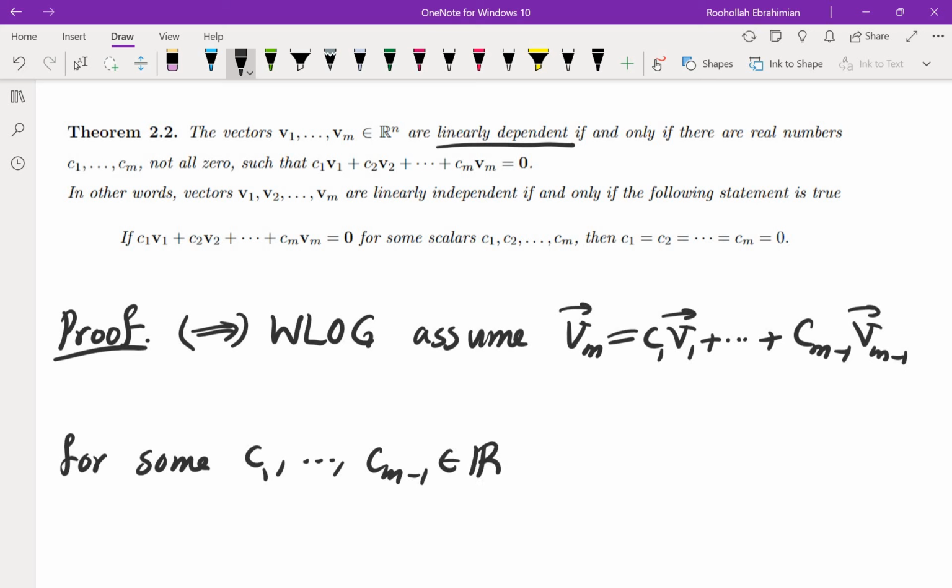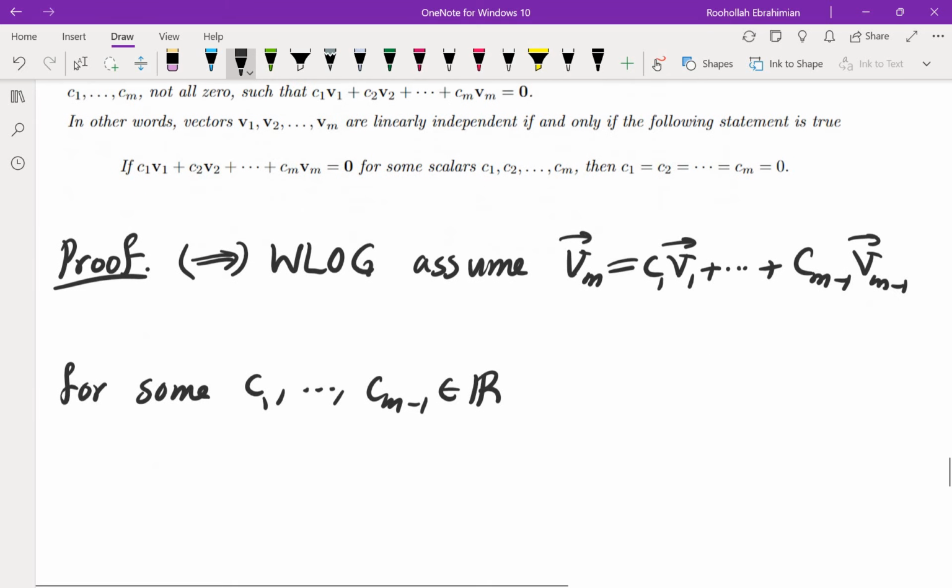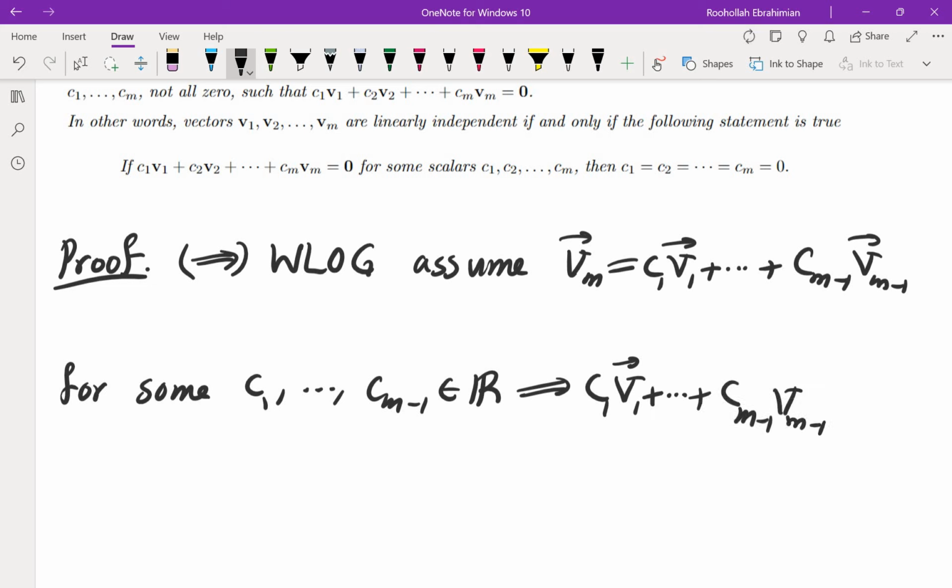But if that's the case, I can already obtain a linear combination that is 0 by just moving vm to the other side. So I would get c1 v1 all the way to c(m-1) v(m-1) minus vm, that's 0.